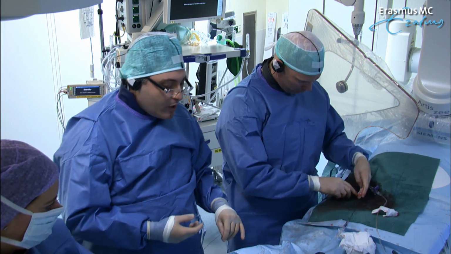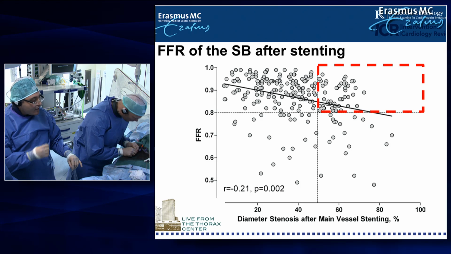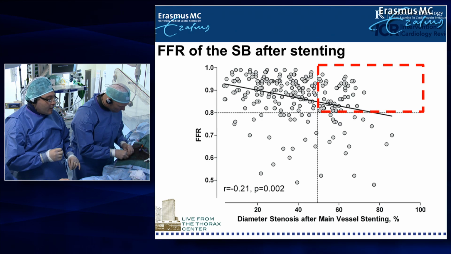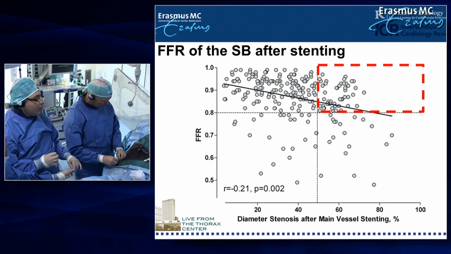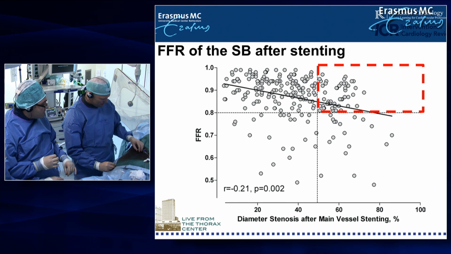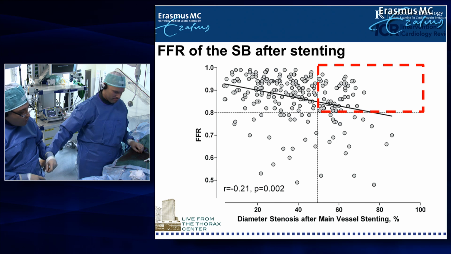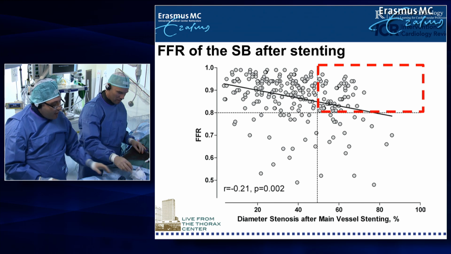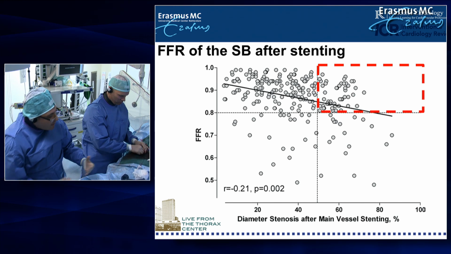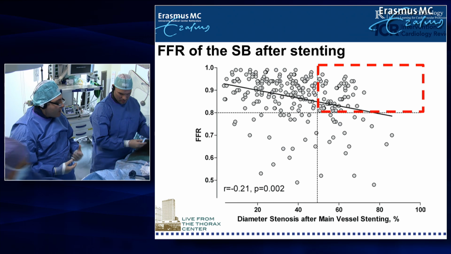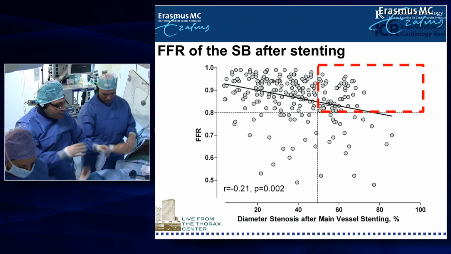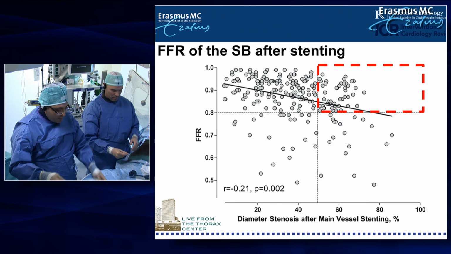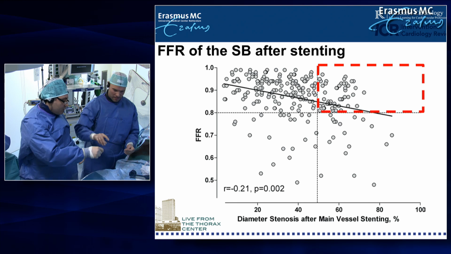So we were talking about the fact that if we use IVUS, we can have an idea of the apposition and expansion of the stent. But shall we also do FFR after stenting? Because it's our practice to perform FFR in the majority of cases before stent implantation to understand if we have to implant the stent.